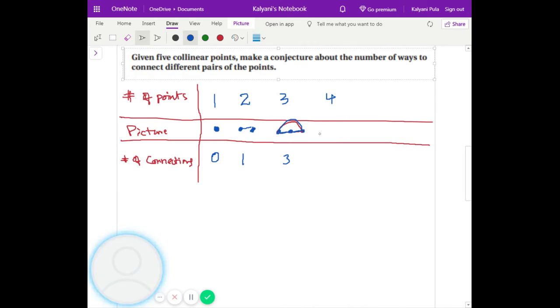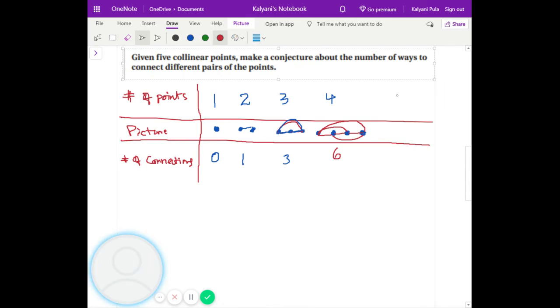So we're exploring different numbers of points and seeing how many ways we can connect. Let's say I have 4 points. How many ways can we connect these points? First one is 1, 2, 3, and then 4, 5, and 6. So 6.